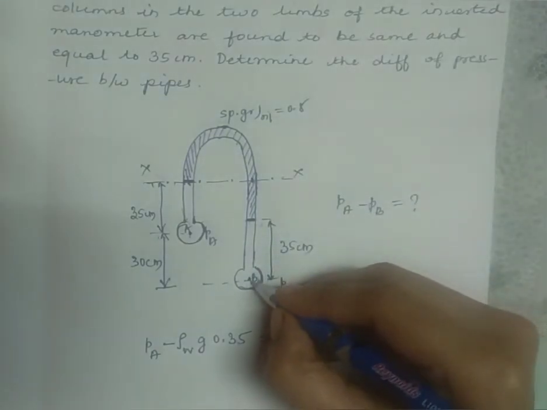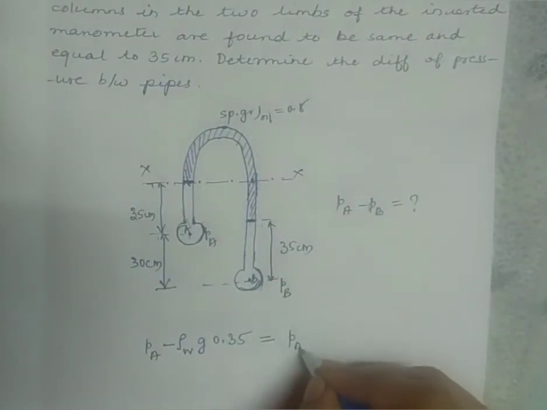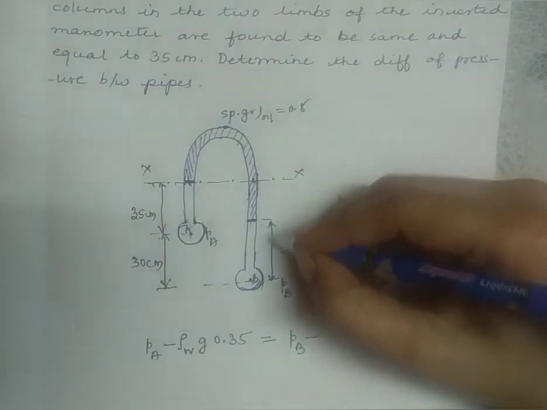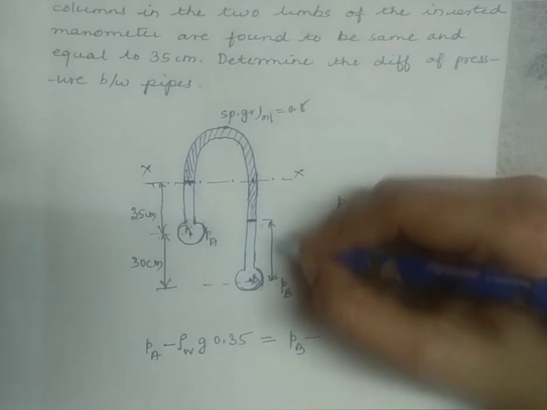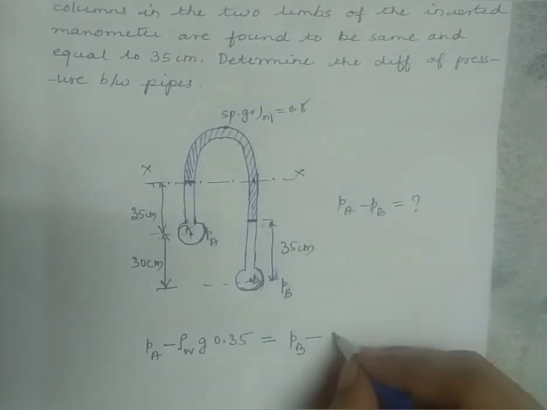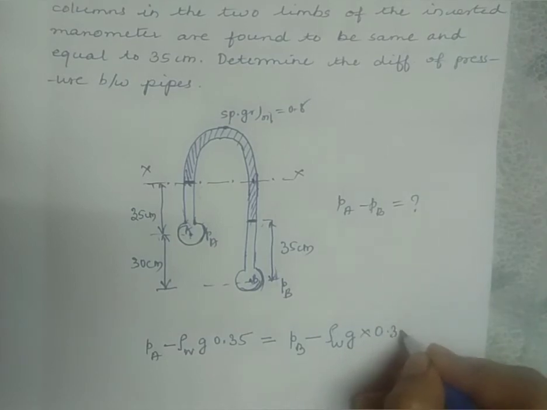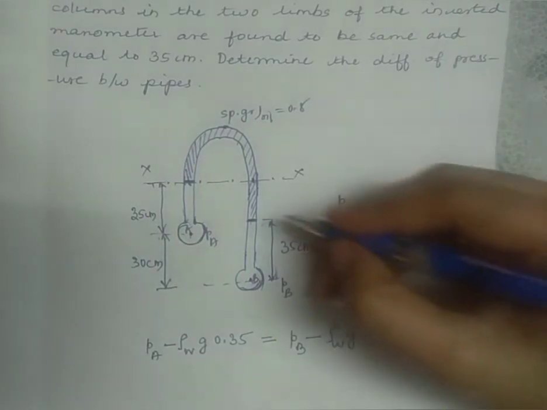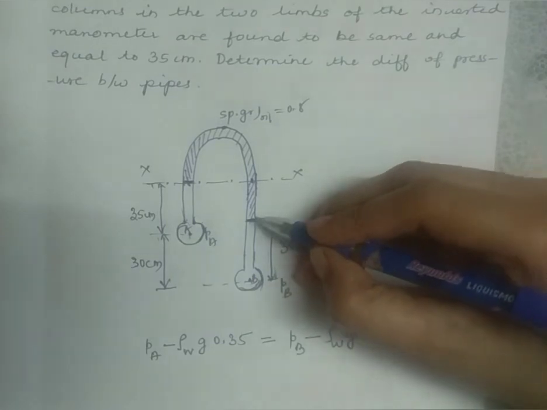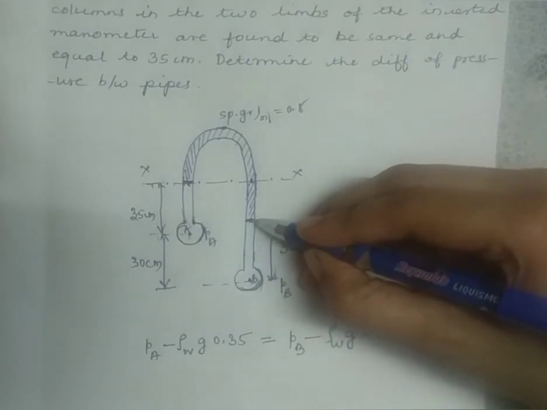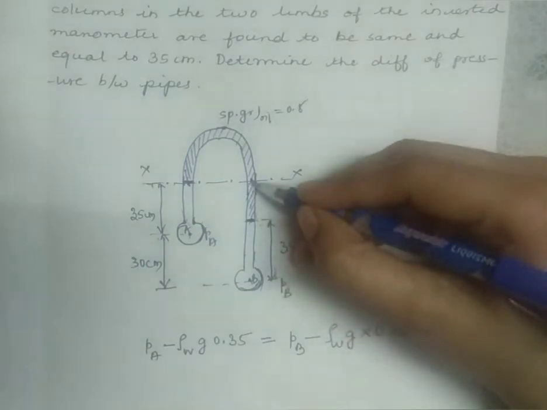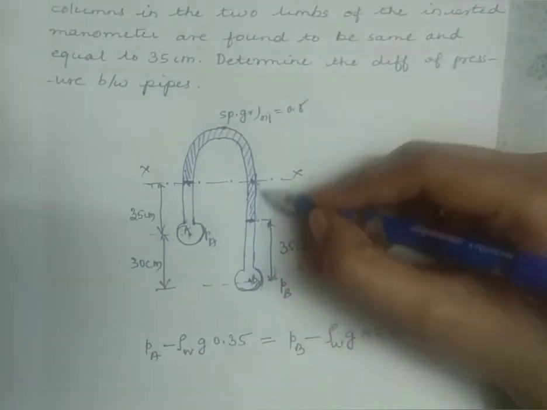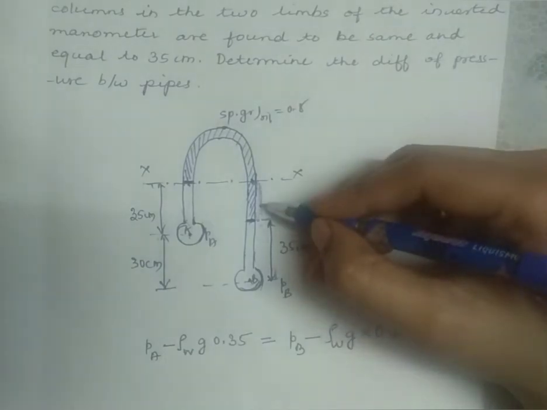So again I have to find it from here. This is PB minus, you have to subtract this much water column pressure, that is rho W g into 0.35. That much is not enough, because you have only reached till here. I have to find the pressure at this particular point, so again you have to subtract the pressure due to the oil column.